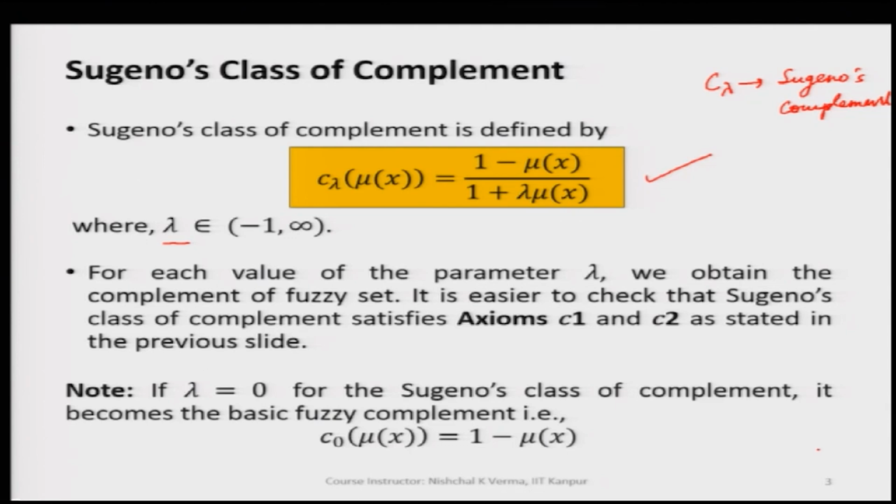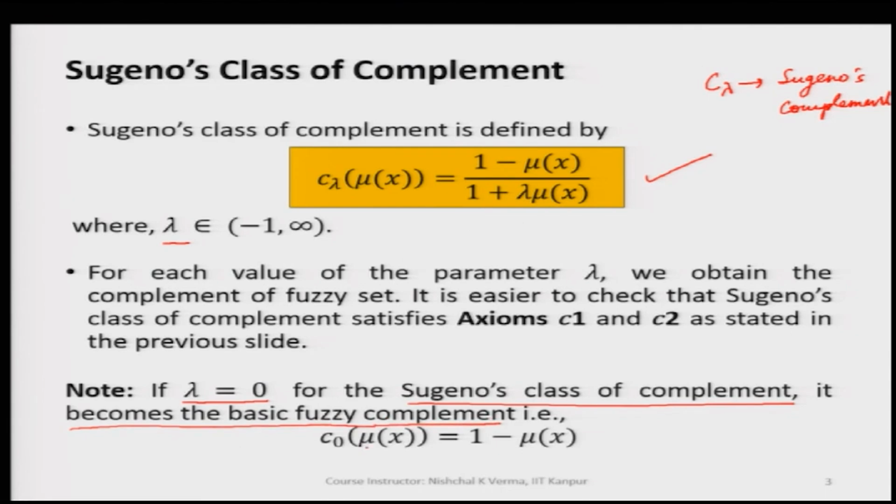Now, if we take lambda is equal to 0, let us see what we get. When we take lambda is equal to 0, the Sugeno's class of complement becomes the basic fuzzy complement. That is another interesting thing to note.